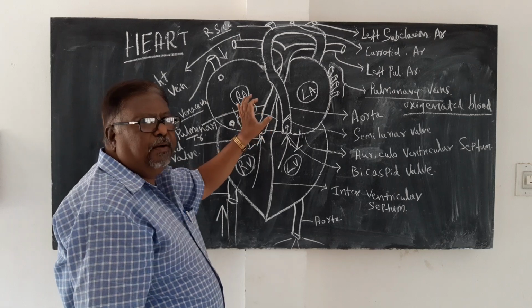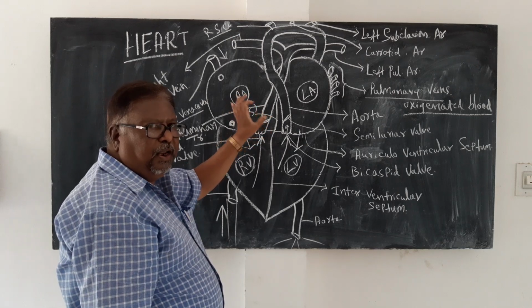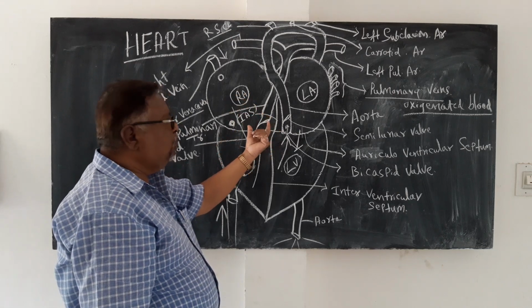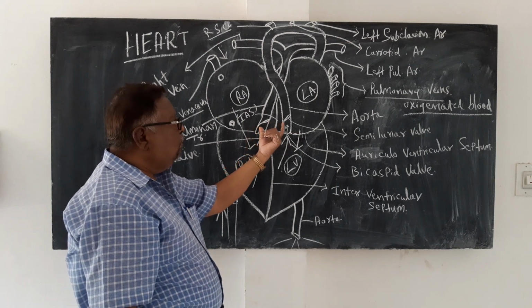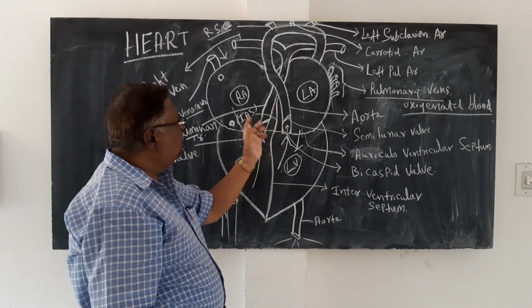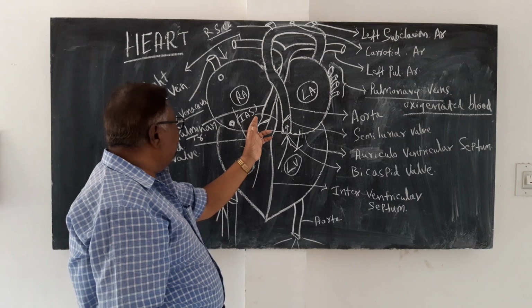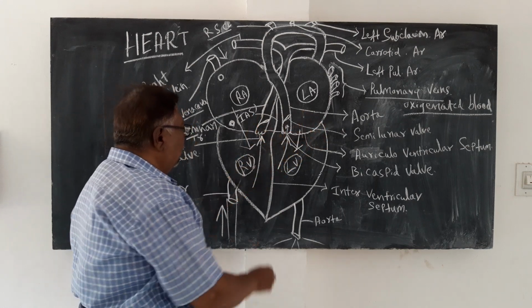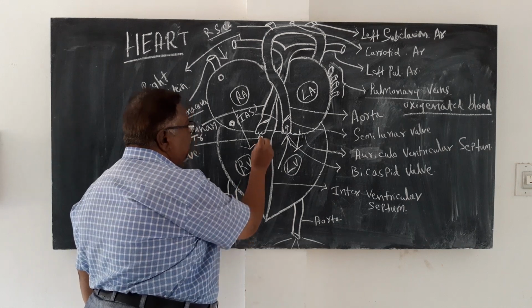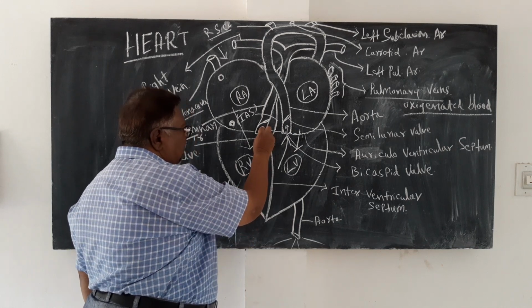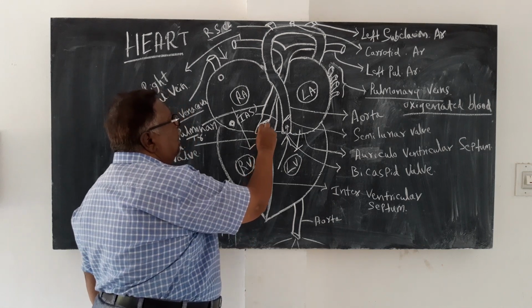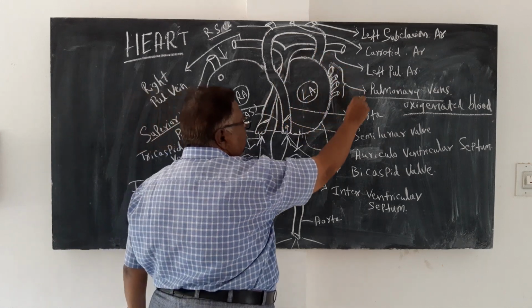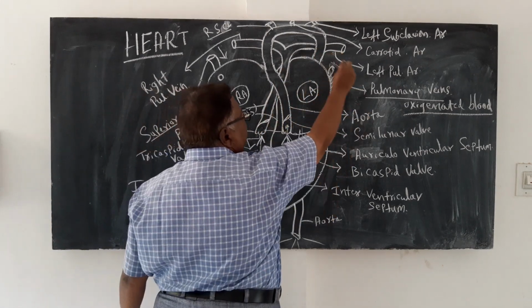That is the main vessel arising from the heart. The two blood vessels which arise from the heart are the pulmonary trunk and the aorta. So the blood from the right ventricle enters the pulmonary trunk and goes to the lungs here.